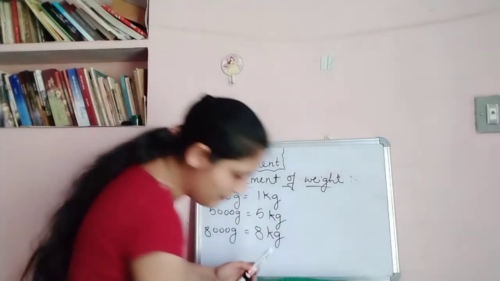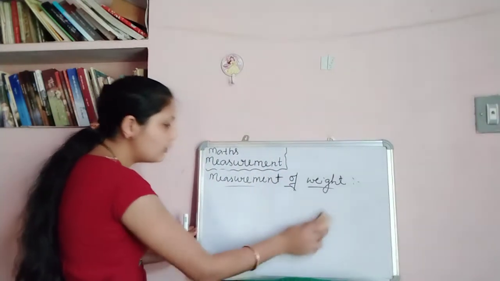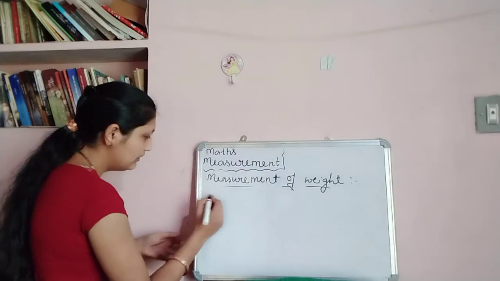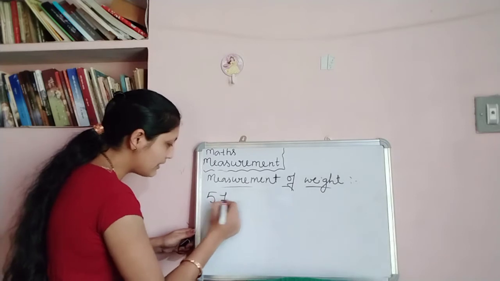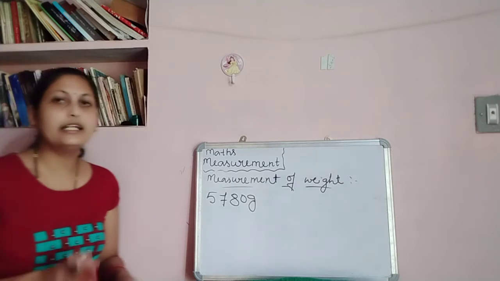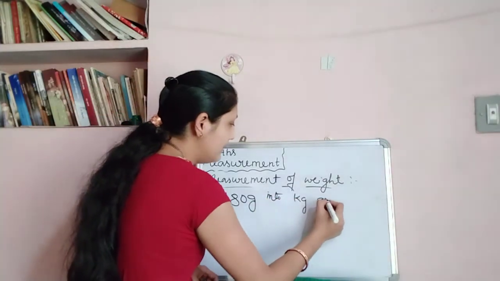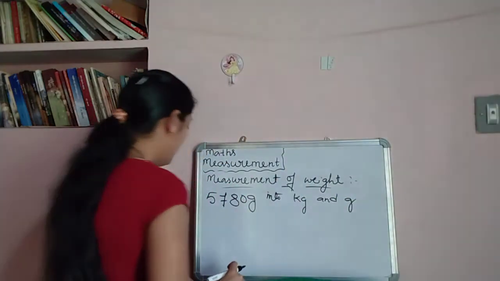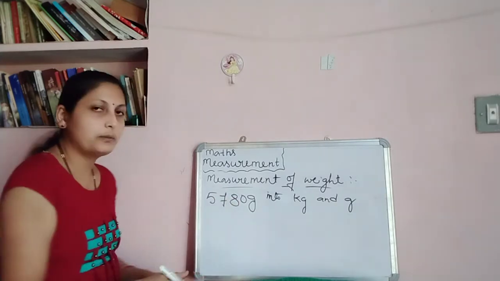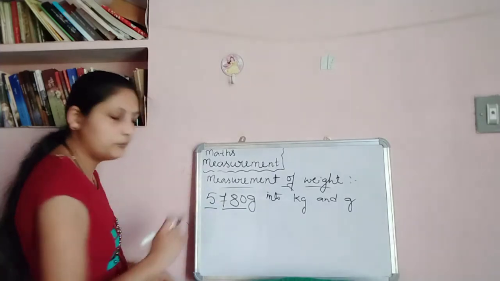Suppose you have some other grams along with this, how to convert it into kilogram and gram? For example, 5780 gram into kilogram and gram. How to convert this? This has to be split into two parts. Hundreds, tens and ones is one part, and the 1000 place is another part.